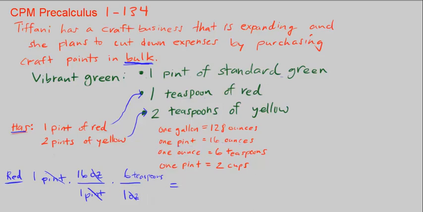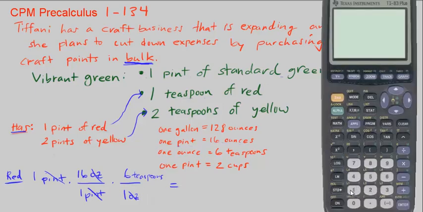Let's bring out our calculator: 1 times 16 times 6, dividing by 1 and 1, so that's just 1. That's equal to 96 teaspoons. So she has 96 teaspoons of red.